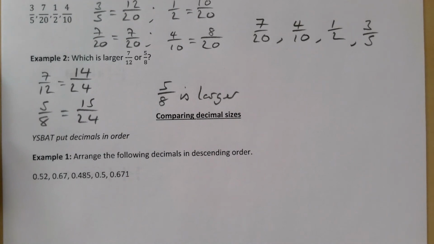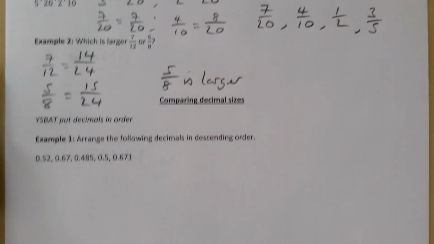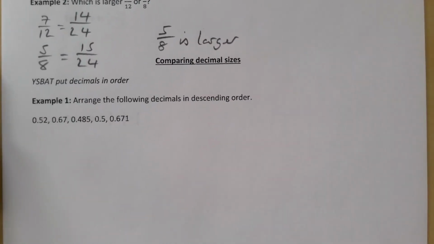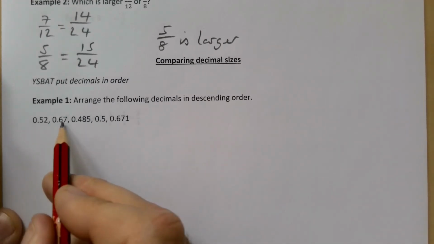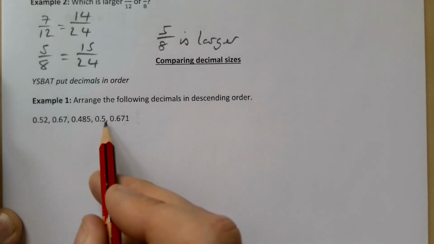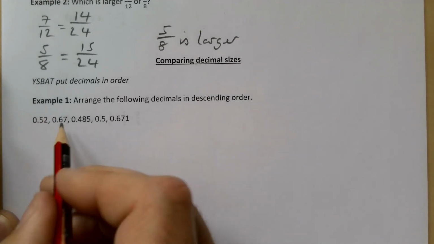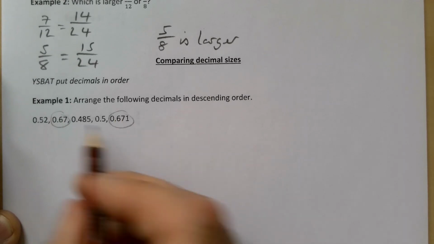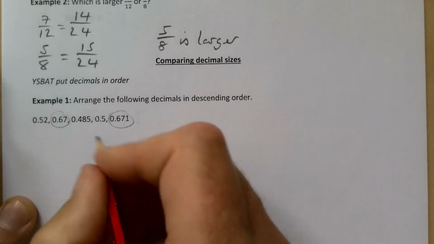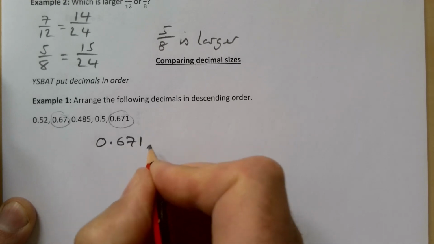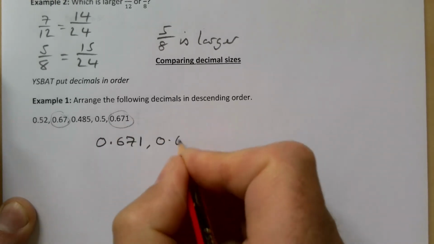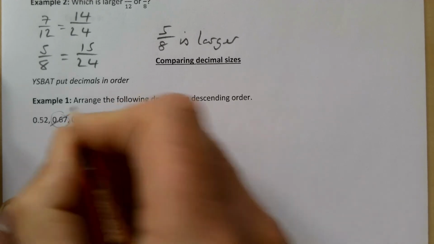Arrange the following decimals in descending order. This should be okay. So we have 0.52, 0.67, 0.485, 0.5, 0.671. I have two here that are 0.6s. This is going to be a bigger number than this one. So 0.671 and then 0.67.